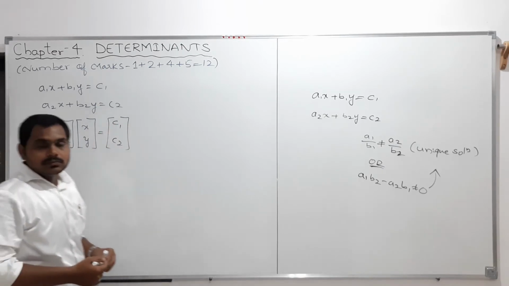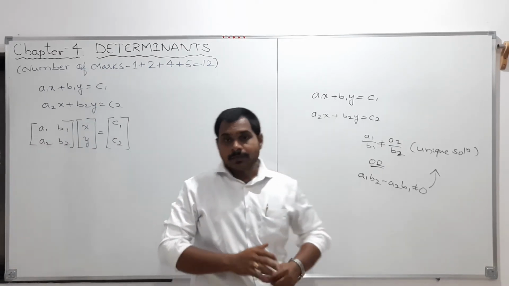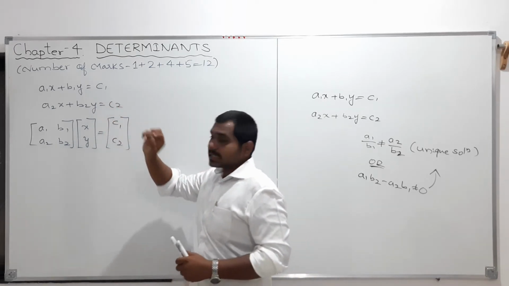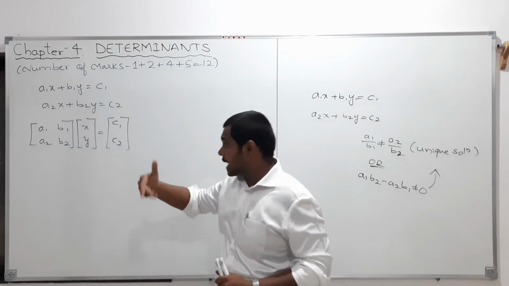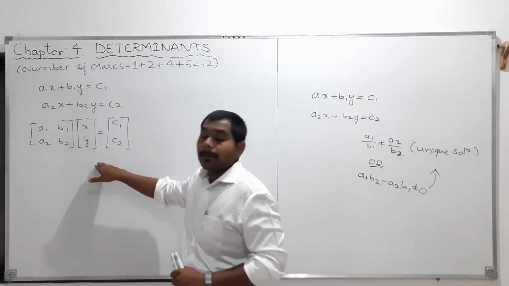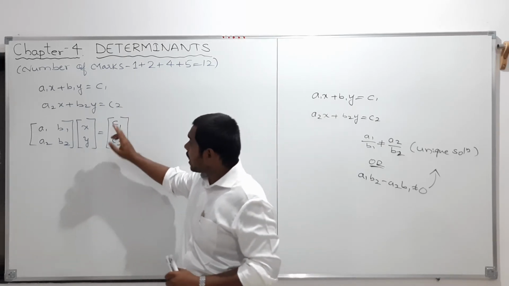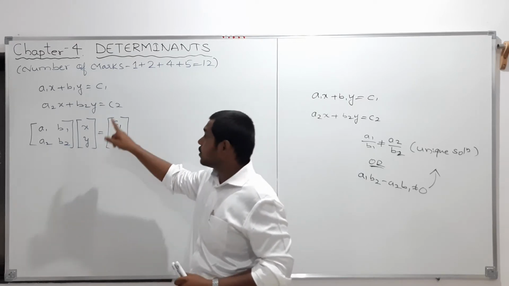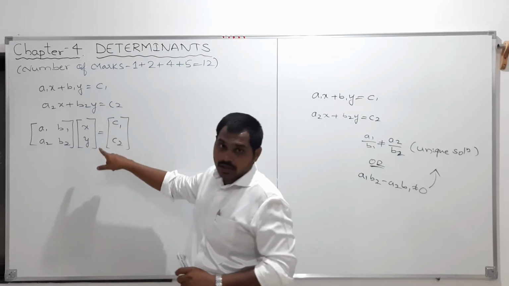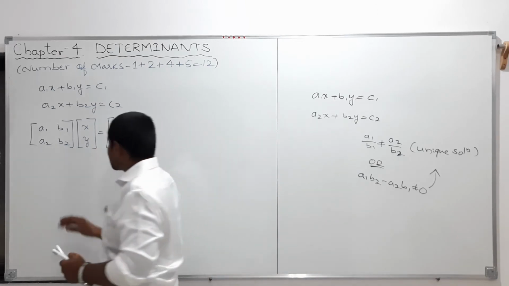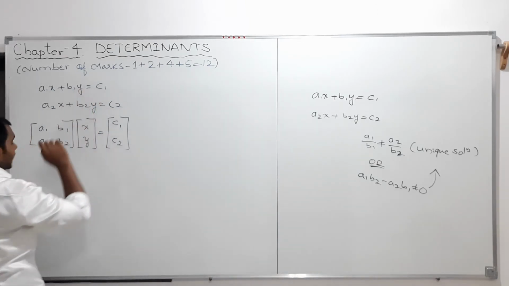Clear? So what I am discussing, my students, is that if I have two linear system of equations, they can be written in matrix form. Whether whatever I wrote in this matrix form is correct or not, that I will verify now. If you cross multiply these two, again you will get this only.